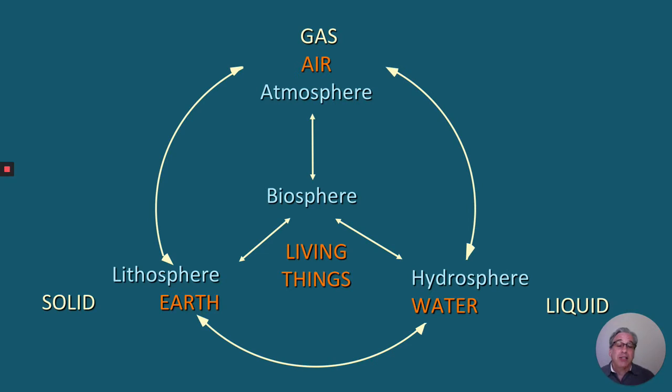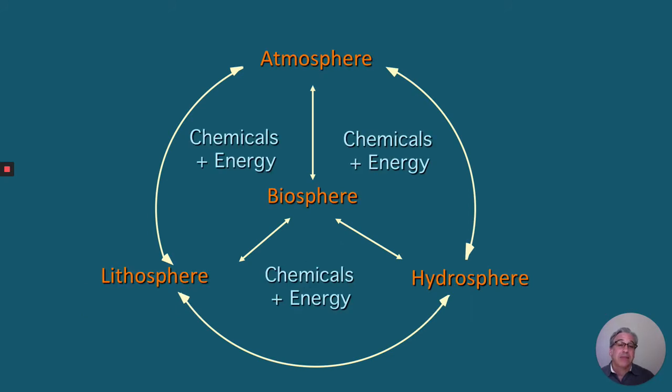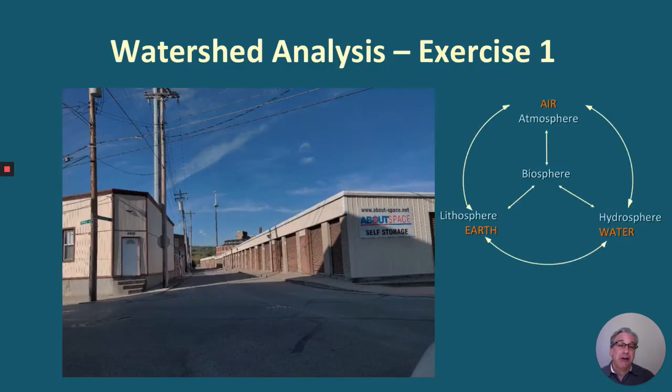Environmental scientists would describe the water as being in a hydrosphere, the air in an atmosphere, and the earth in a lithosphere, which includes soil and bedrock found in the crust of the earth. This model fits with the three states of matter described in chemistry: solid, liquid, and gas. The different parts of the environment all interact with one another, exchanging chemicals and energy.